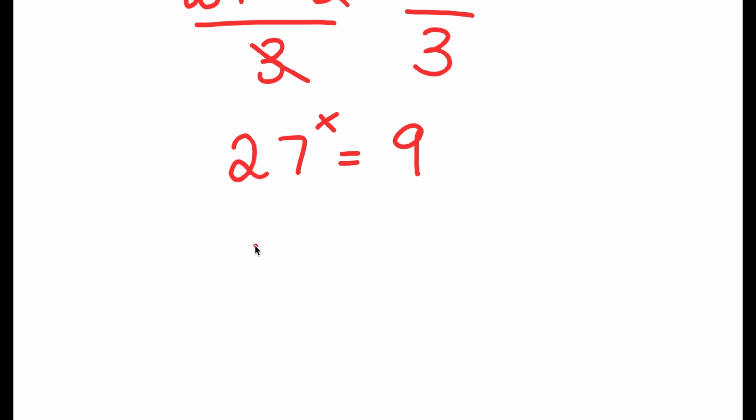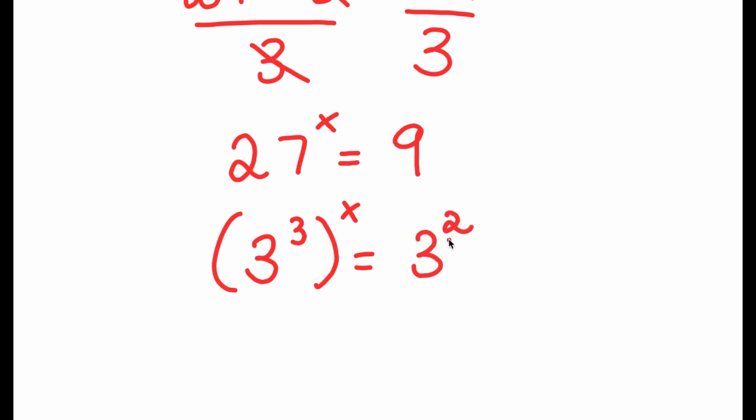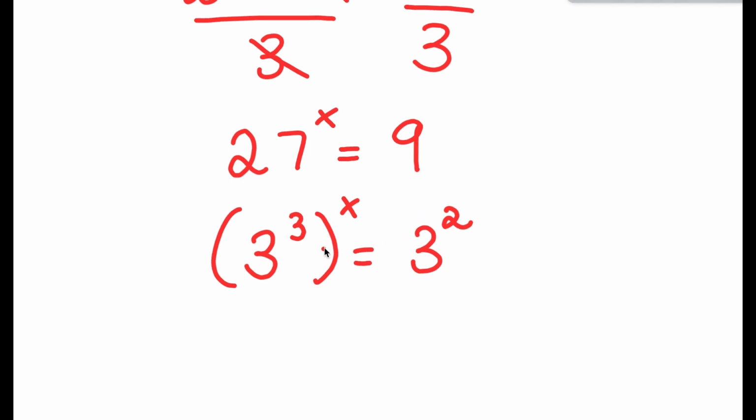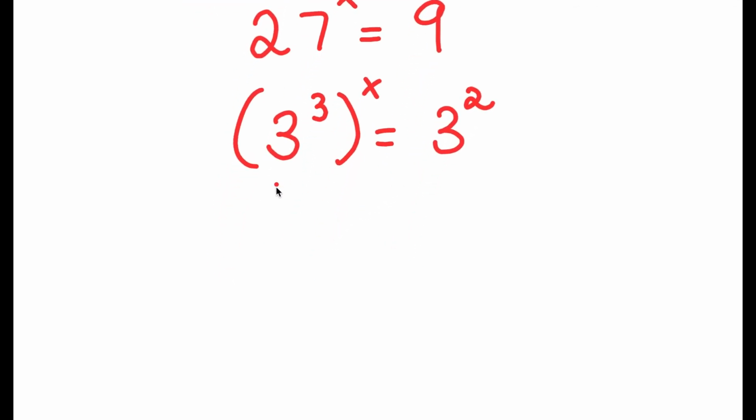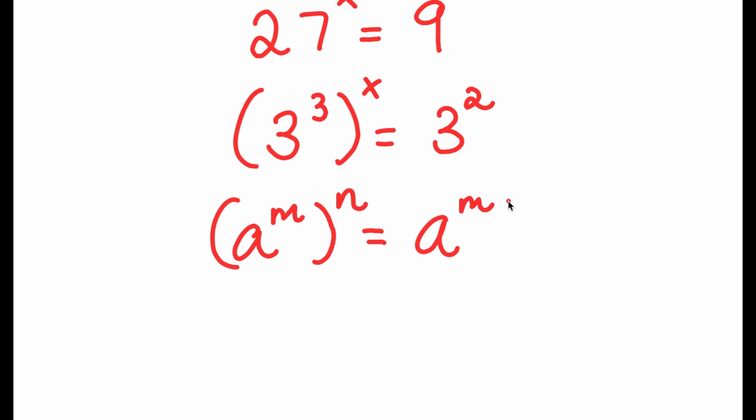Now 27, this is the same thing as 3 to the power of 3, and 9 is the same thing as 3 squared. So if I have something in the form a to the power of m to the power of n, this is equal to a to the power of m times n.